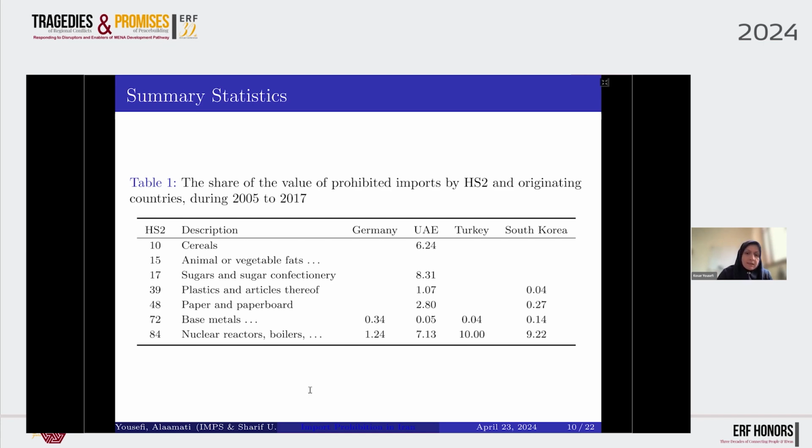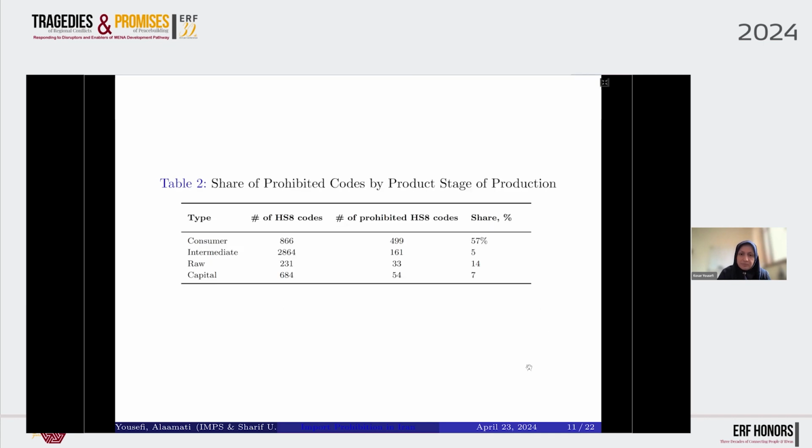As you can see here, the share of prohibited items since the 2018 policy in Iran is distributed over different products like cereal, animal nutrition categories, and so on, and also over different exporting countries. United Arab Emirates is one of our main trading partners, and as you can see here, the share of exports from there is very large. Also, you can see South Korea.